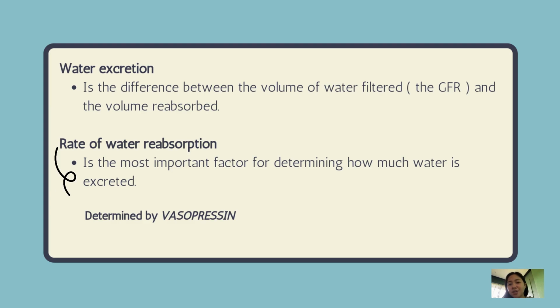The volume of water excreted is the difference between the volume filtered, the glomerular filtration rate, and the volume reabsorbed.